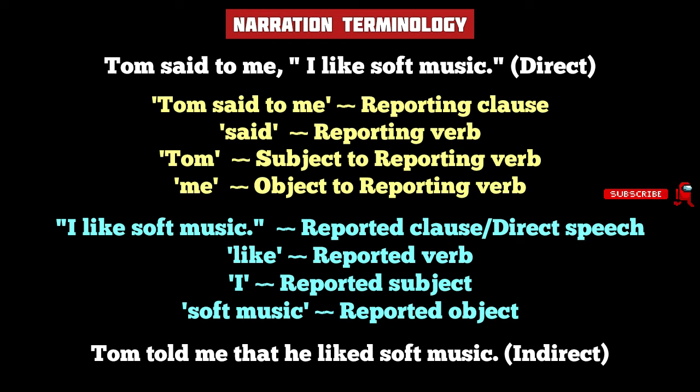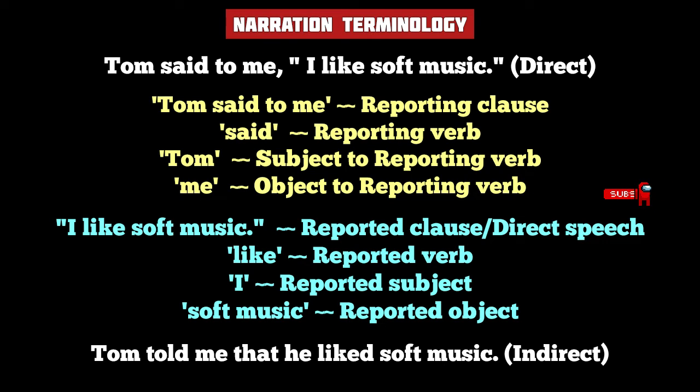And then in the reporting clause, Tom said to me, the verb said is known as the reporting verb. And so obviously Tom is the subject to the reporting verb here, while the pronoun me is the object of the reporting verb.